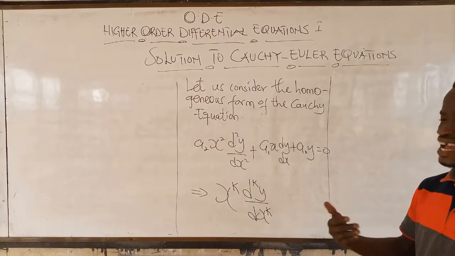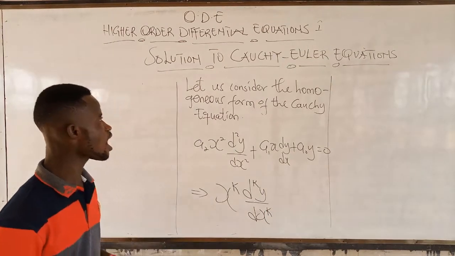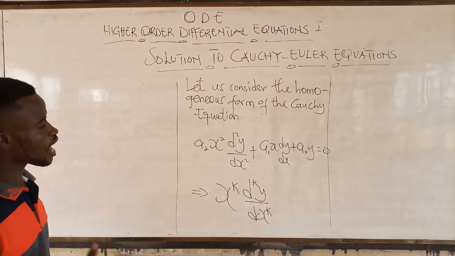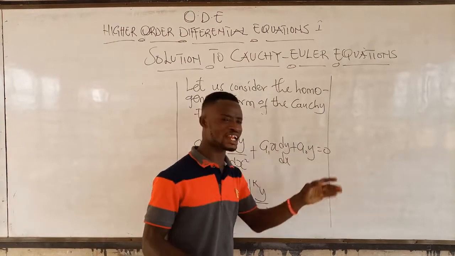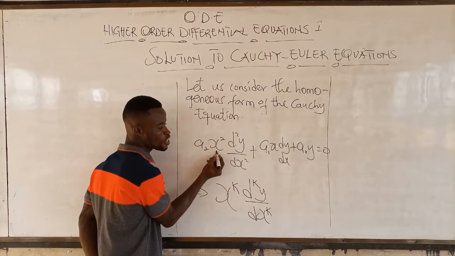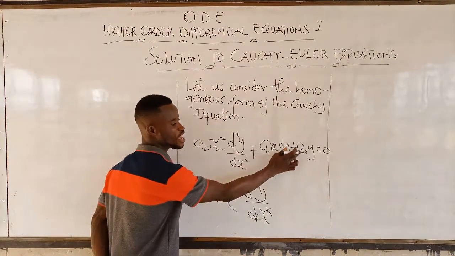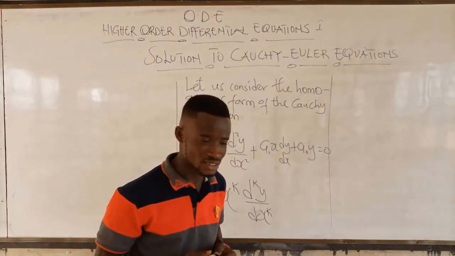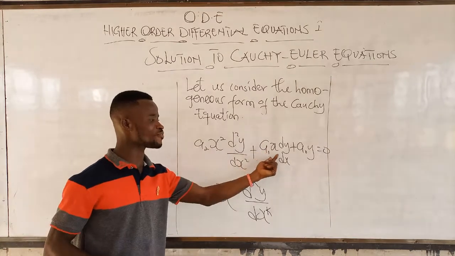Now, how do we identify that this is a Cauchy-Euler equation? When you consider this second order differential equation, you can see that a2, a1, a0 are all constants, so that's not the focus here. The focus is the variable.